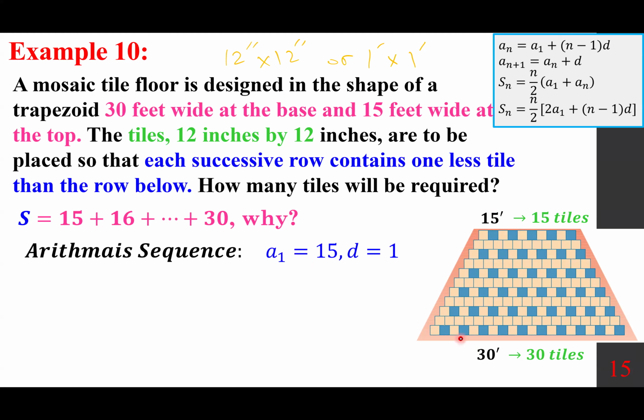There are 16 rows. So a sub n, which is a sub 16, is 30, and we want the S. From 15 to 30, because it includes 15. You can count that if you want. It's like from any number to any number. If you count them, 30 minus 15 plus 1 gives you 16 rows.